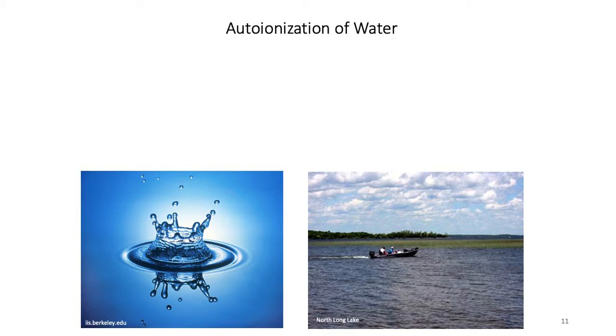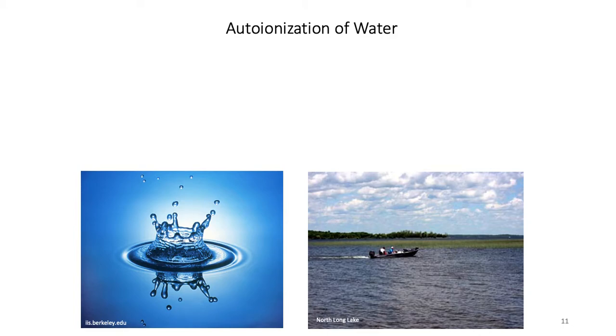This is part 2 of the chapter 14 lecture. We left off talking about the acid and base dissociation constants, how to write equilibrium constants for acid and base reactions.